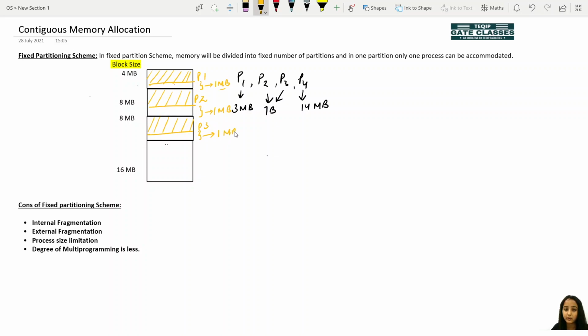The last block is 16 MB, and P4 of 14 MB will be accommodated in the last block. How much size is left? If I subtract 16 minus 14, that is 2 MB.